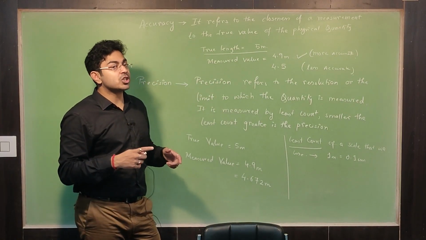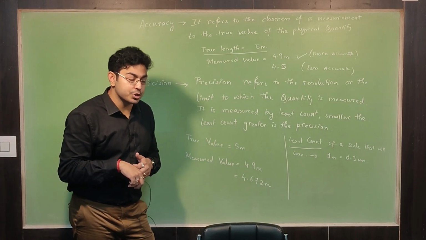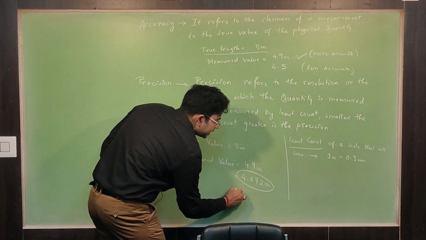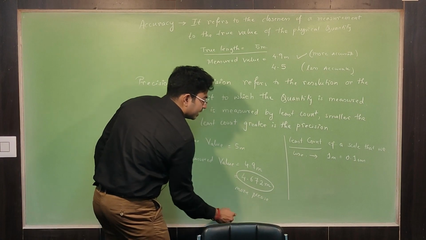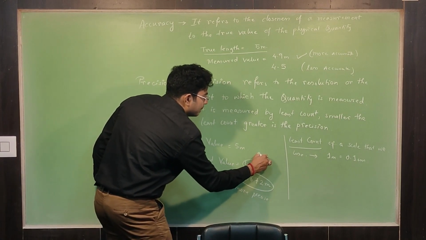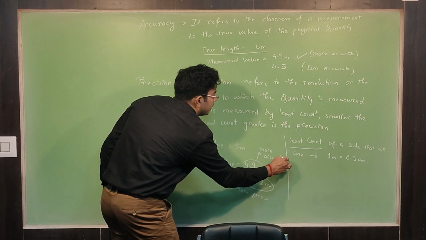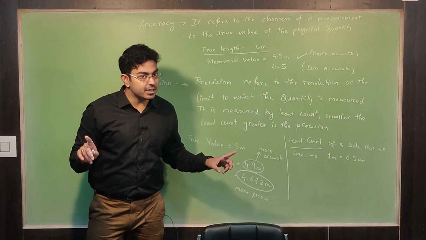So precision depends on least count and accuracy depends on how much close you are. So this one is more precise but less accurate, but this one is more accurate but less precise. Okay.